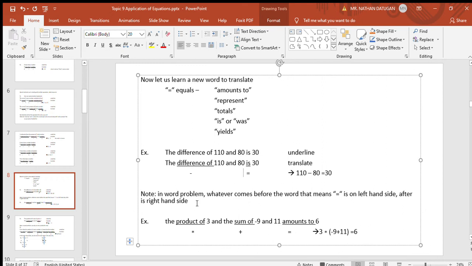So I just want to put that key note right here, so you don't get confused when you're translating word problems to equations.